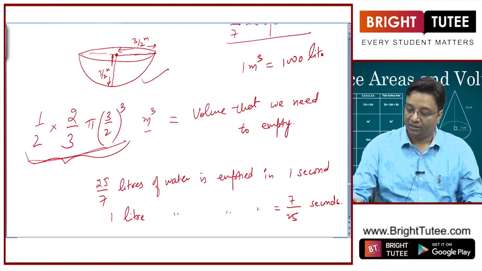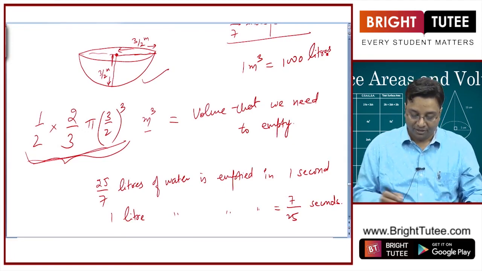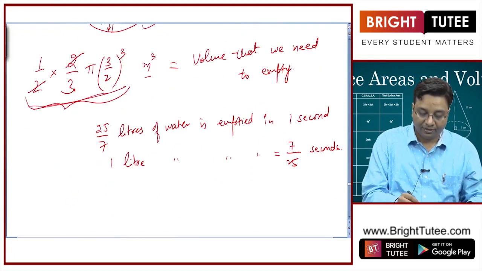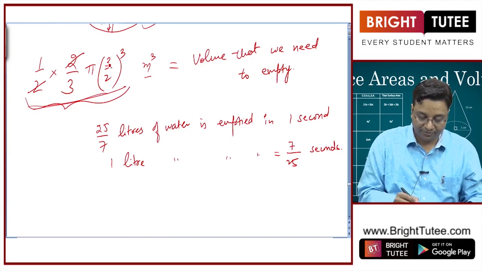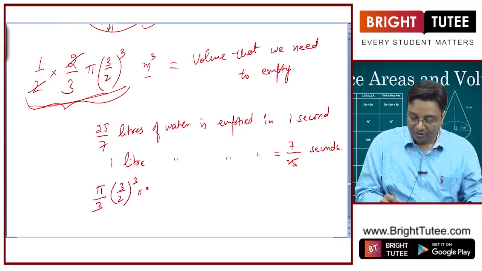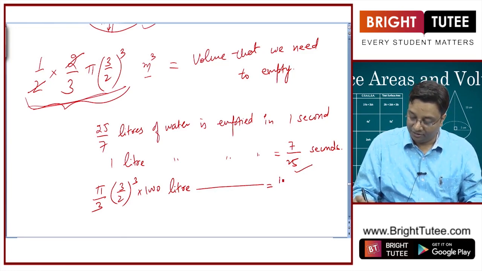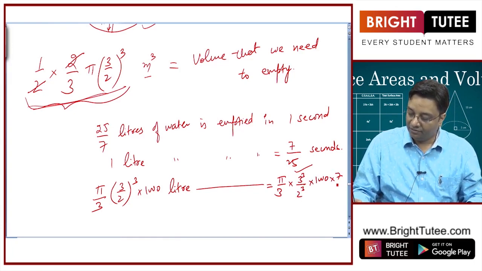So let me cancel this here, and this can be written as pi 3 by 2 cubed by 3 into 1000 liters will be emptied in, you have to multiply it by 7 by 25. So this is the time, pi by 3 into 3 cubed by 2 cubed into 1000 into 7 by 25, and this time is in seconds.